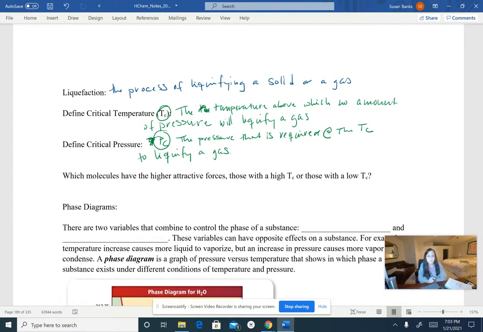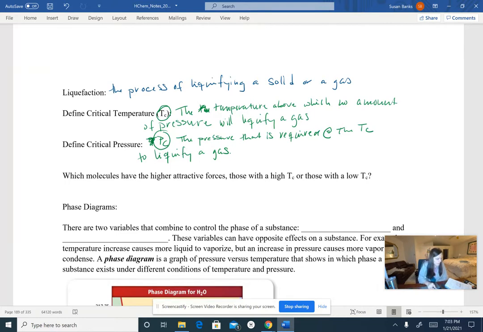So at the critical temperature, we can still liquefy it, and the critical pressure is the pressure that is needed to liquefy that gas. But once we get above that temperature, no amount of pressure will liquefy the gas. We will have what is called a superheated fluid at that point.